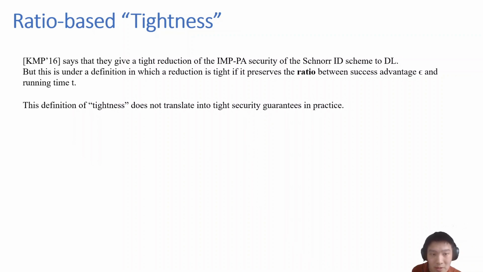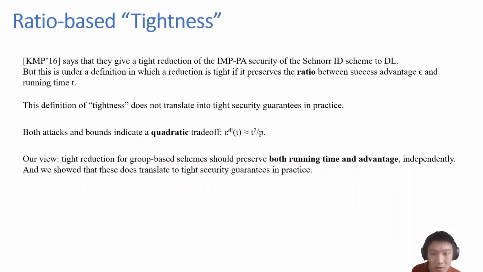Our view is that this definition of tightness does not actually translate into tight security guarantees in practice. Indeed, both attacks and bounds for DL type problems indicate a quadratic trade-off between success advantage and running time. So our view is that tight reduction for group-based schemes should preserve both running time and advantage independently. And we show that this does translate to tight security guarantees in practice.